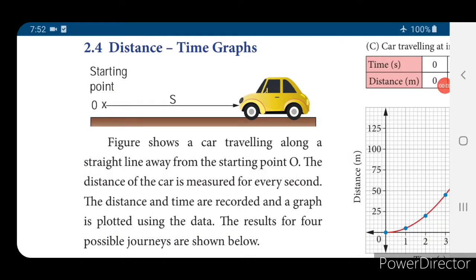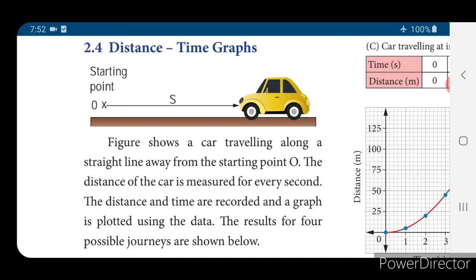Now we'll see about the distance and time graph. If you observe this picture, this shows a car traveling along a straight line from the point X. The distance of the car is measured for every second. So the distance and time are recorded and a graph is plotted using the data.